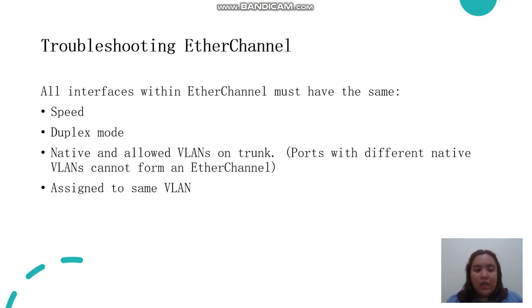Troubleshooting EtherChannel. All interfaces within an EtherChannel must have the same speed, duplex mode, and native and allowed VLANs on the trunk. Ports with different native VLANs cannot form an EtherChannel, and they must be assigned to the same VLAN. The output indicates that the EtherChannel is down.